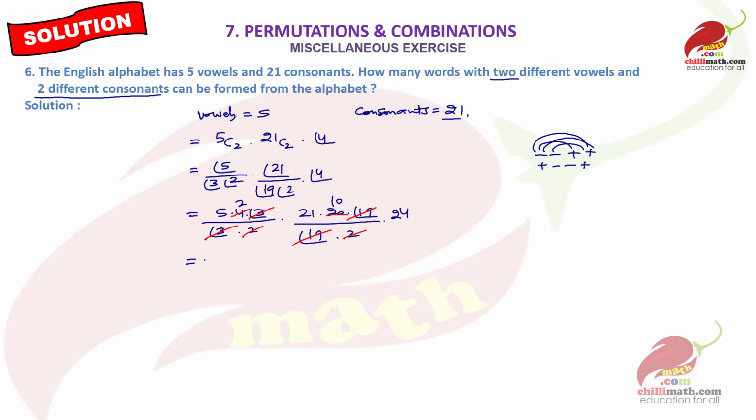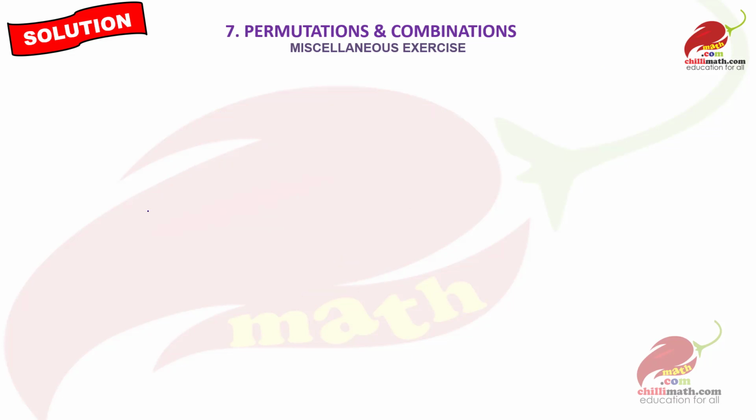We get 10 over here. So this is 10 into 10, 100. 21 into 24 we can calculate. That is 504. So total we got 50400. That's your answer.